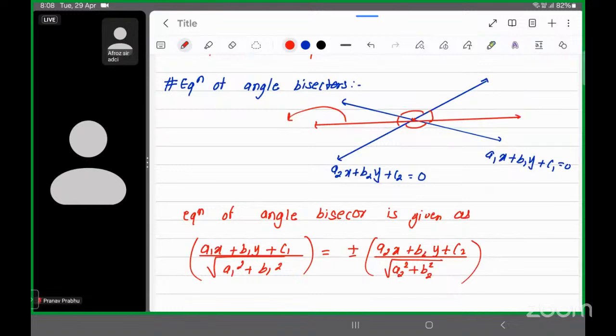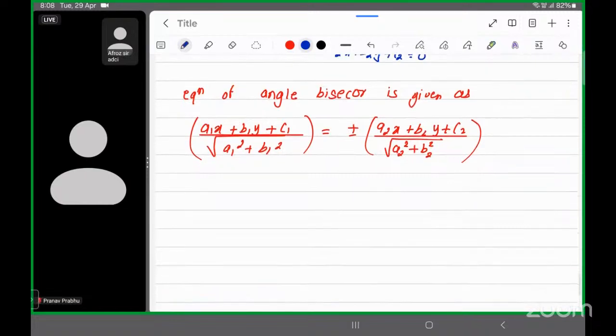Now, let's see the distance formula. Distance of a point from a line.